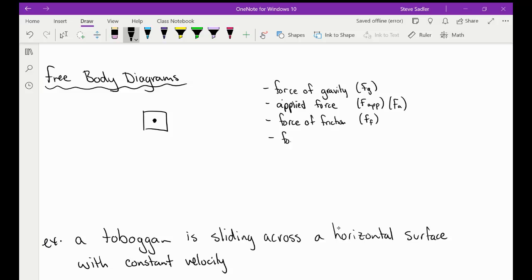We talked a little bit about the normal force in the last video, and hopefully, once we talked about it in class, it made sense. We do Fn for that, which is going to be different than net force, which we'll talk about later in this video. You might see tension, which sometimes we denote as T, or force elastic, Fe.